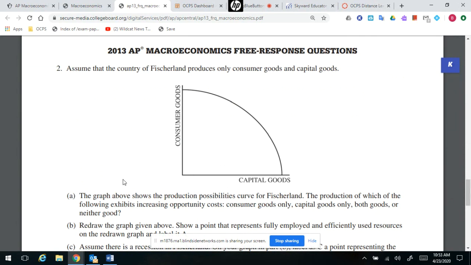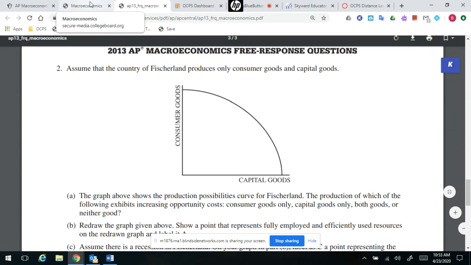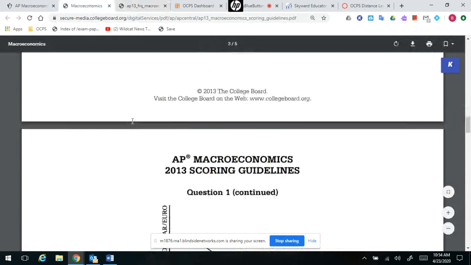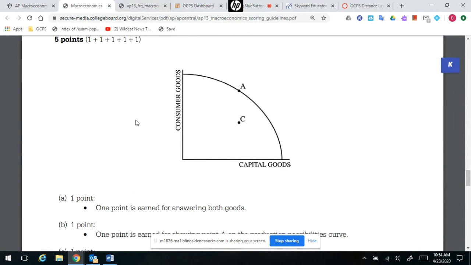All right, so we have here the production possibilities curve shows the initial trade-off between the two, and you can see that as you shift from capital goods over to consumer goods, you're going to be giving up, say, from down here, the opportunity of creating capital goods and you shift over to consumer goods.